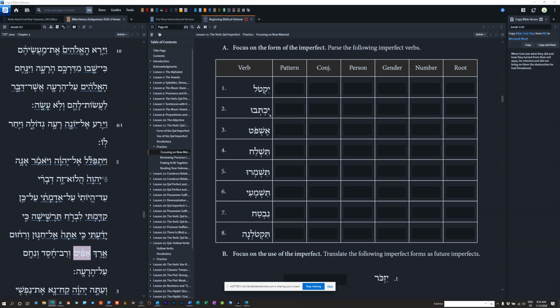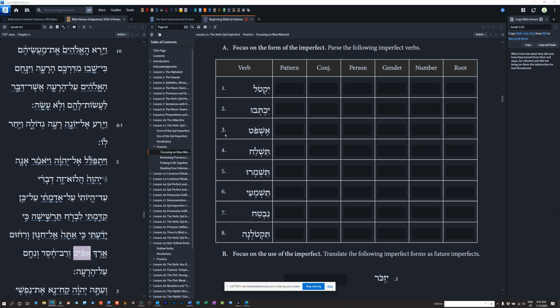Well, in the imperfect, yod gets added as a prefix to the 3ms form and the 3mp form. So here, we have to decide between the 3ms and the 3mp. The shureq goes with the 3mp. If this were 3ms, we would not have the shureq here. So we have a Qal imperfect 3mp form of, once we take the yod off and the shureq off, we get the tav.